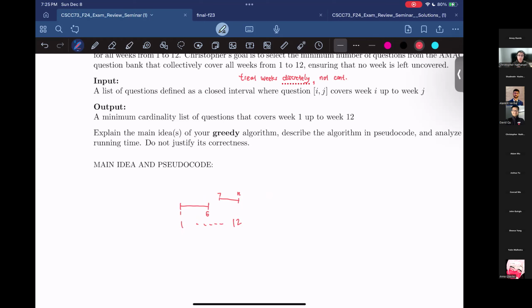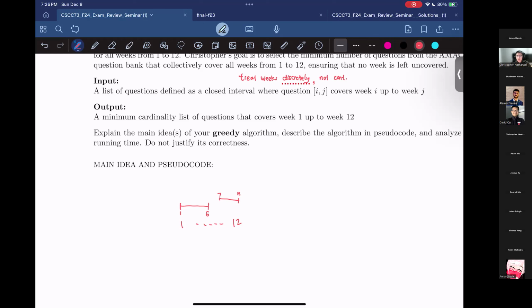Yep, Peter got it. It's basically the minimum cardinality cover problem in assignment 1, but instead of covering, let's say, yeah, I just didn't cover it in assignment 1.